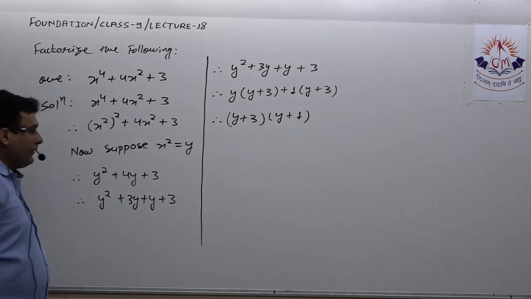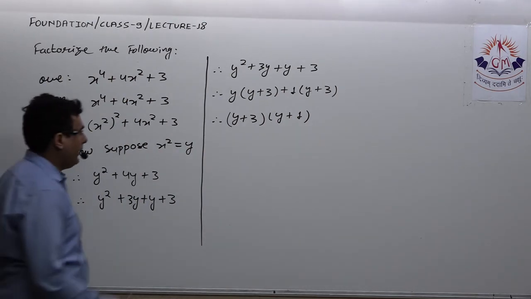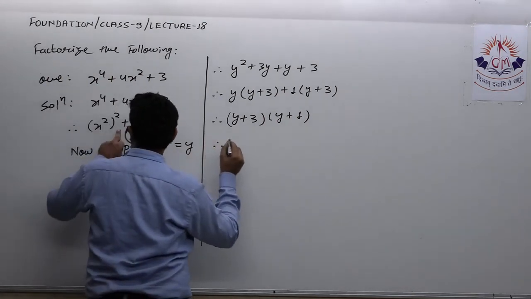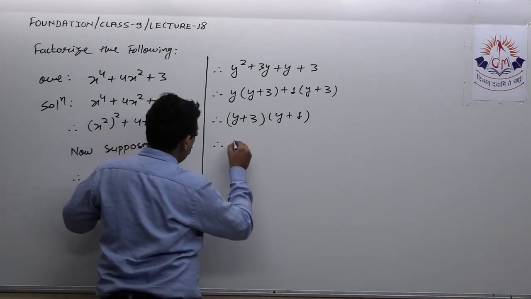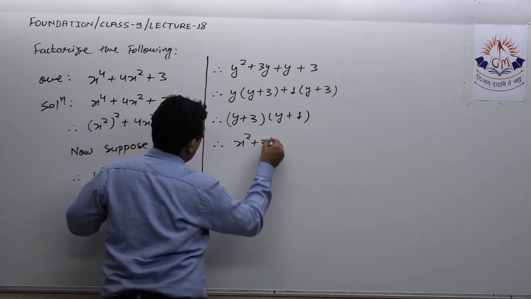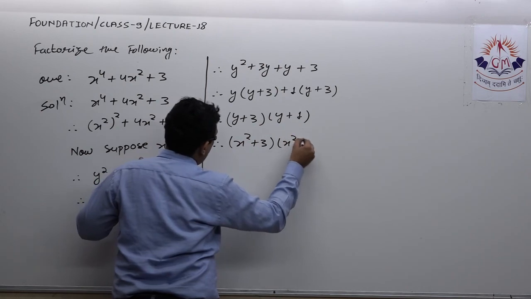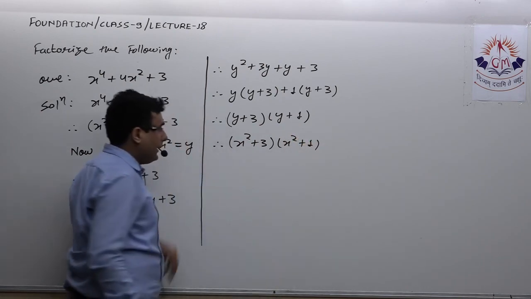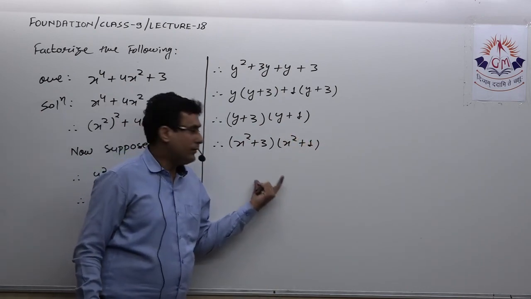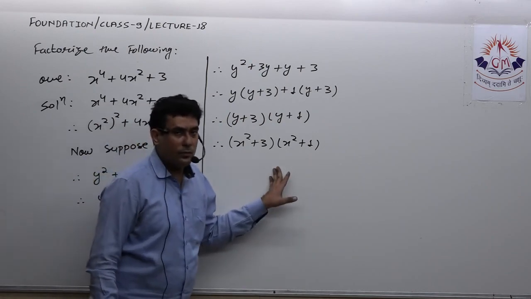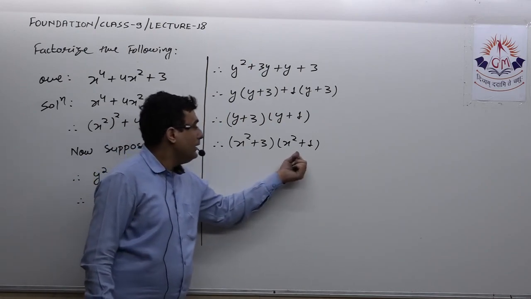Now again I will replace the value of y, which was x square. So x square plus 3, x square plus 1. Here again it is not possible to factorize further because we have the identity of a square minus b square.